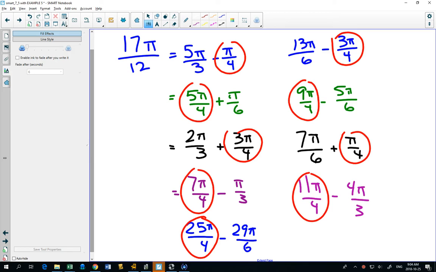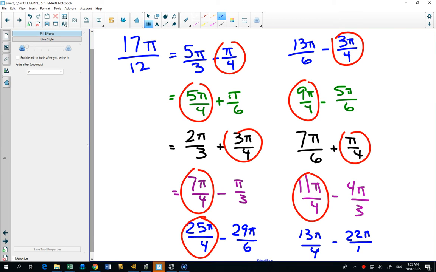Do we have a 9 pi over 4? 11 pi over 4. Do we have a 13 pi over 4 up there? No. So someone could have used 13 pi over 4 and figured out if we had to add or subtract to make it work. Well, 13 pi over 4 is the same as 39 pi over 12. What would you have to subtract to make 17 from 39?